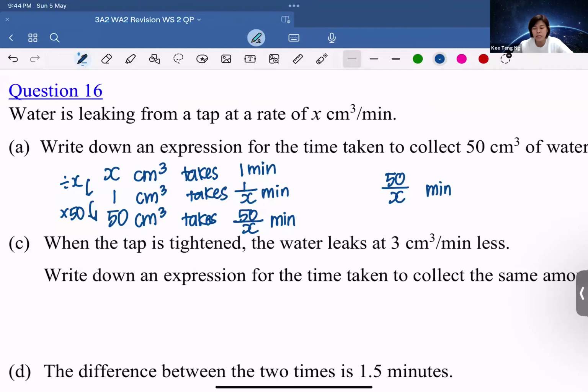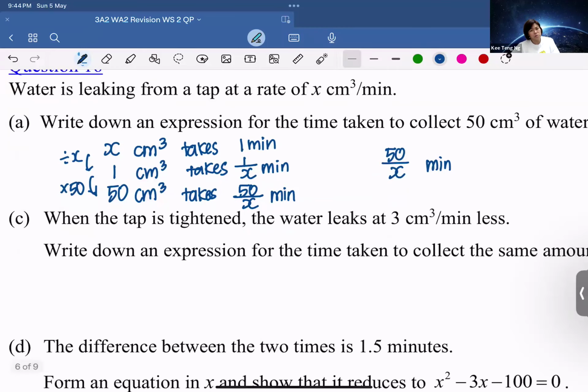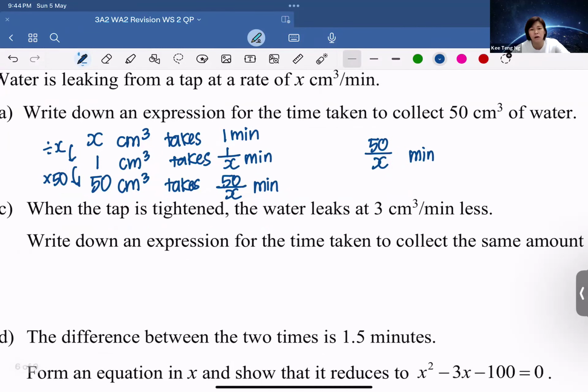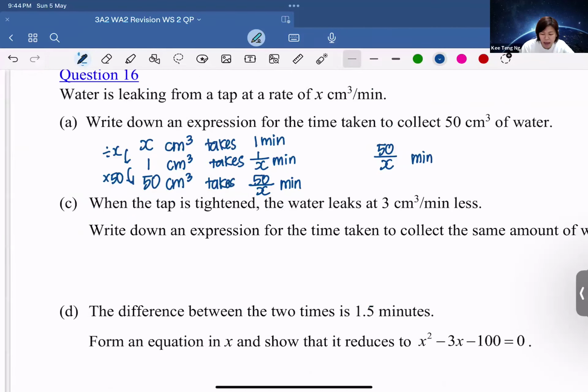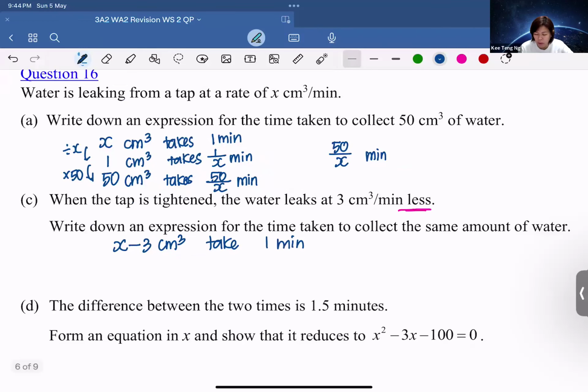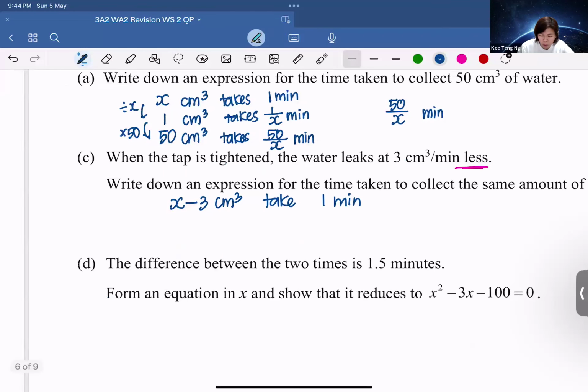Next, when the tap is tightened, the water leaks at 3 cm cube per minute lesser. So originally it is x cm cube per minute, right? Now lesser by 3, so minus 3. This one takes 1 minute because it's per minute, right? Then to collect the same amount of water, which is 50 cm cube, let me find 1 cm cube.